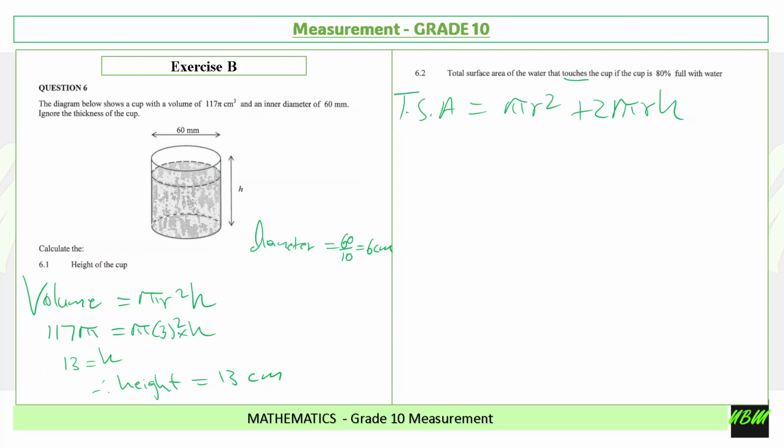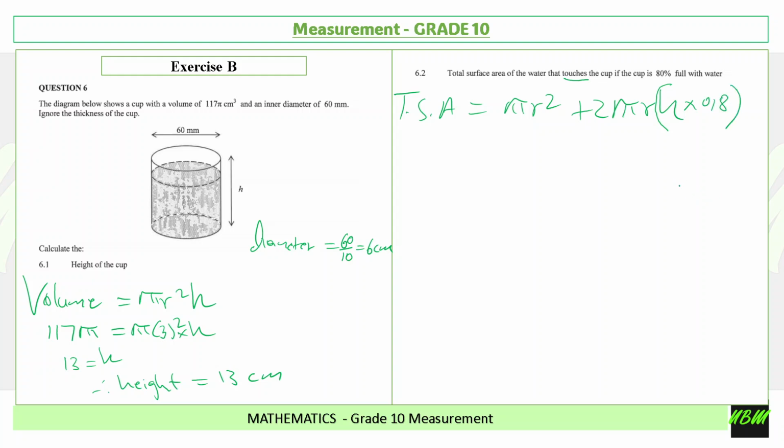The cup is not filled to the top, but it's only 80% filled with water. Therefore, it means what? The height is going to be affected. We only need 80% of the height. Therefore, 2 pi r h will now become 2 pi r multiplied by h times 80%. 80%, 80 divided by 100, is 0.8.